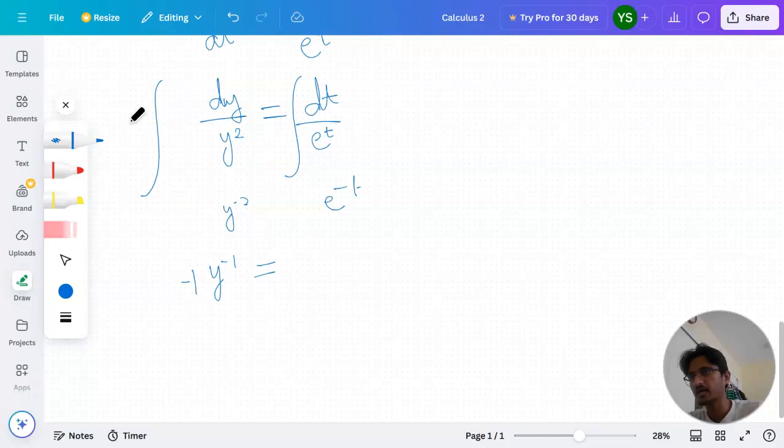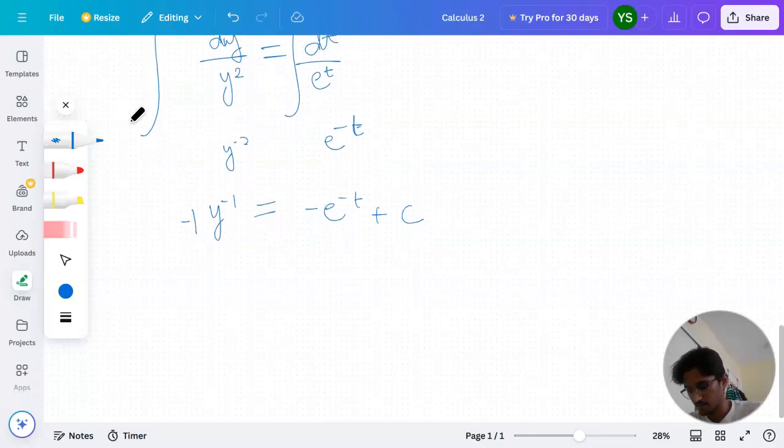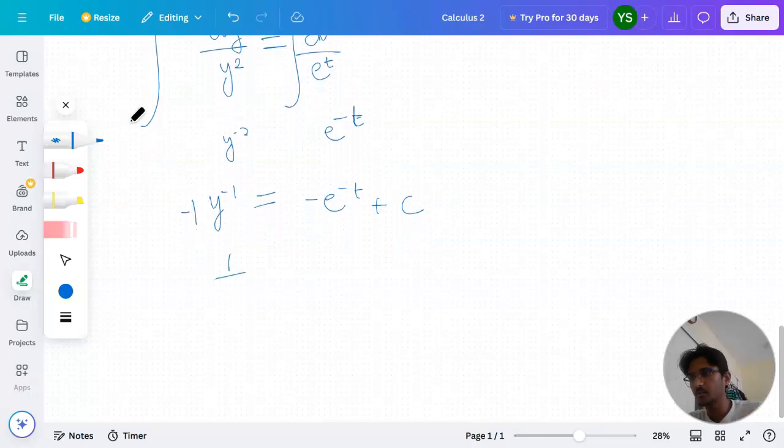You might be wondering where the plus c goes. It goes on the right side. So this is negative 1 over y equals negative e to the t plus c.